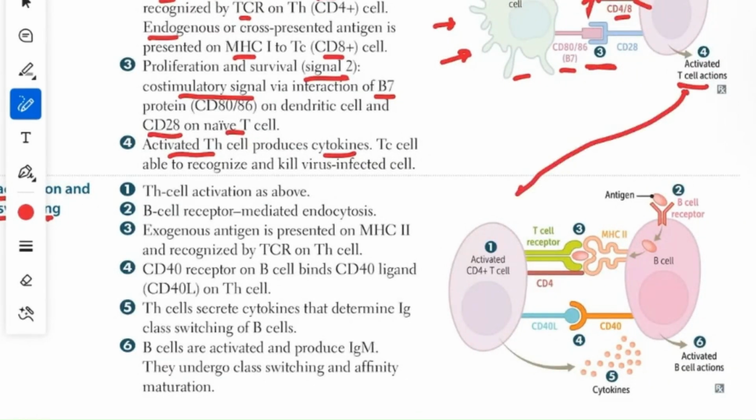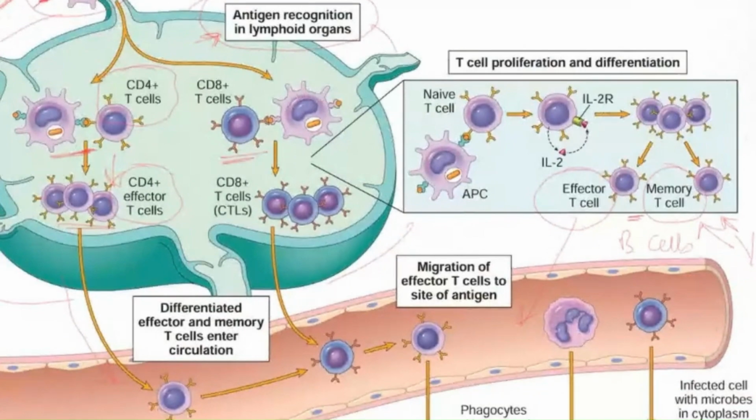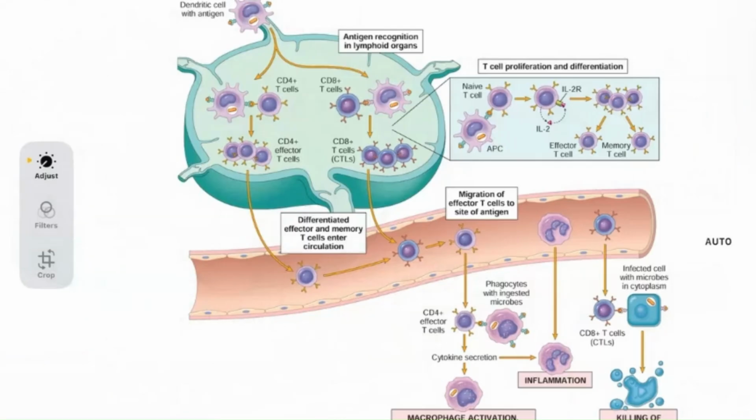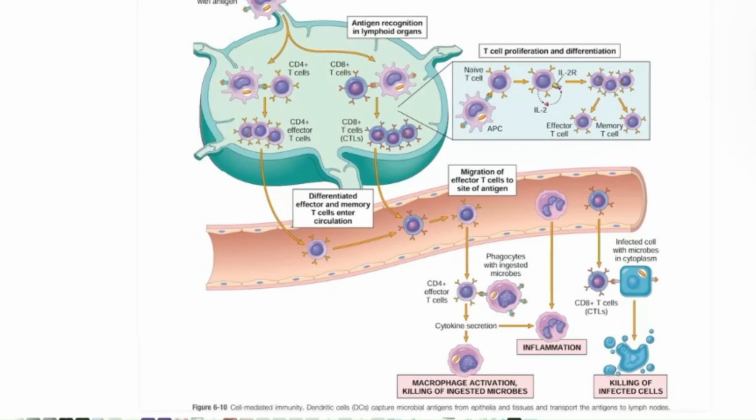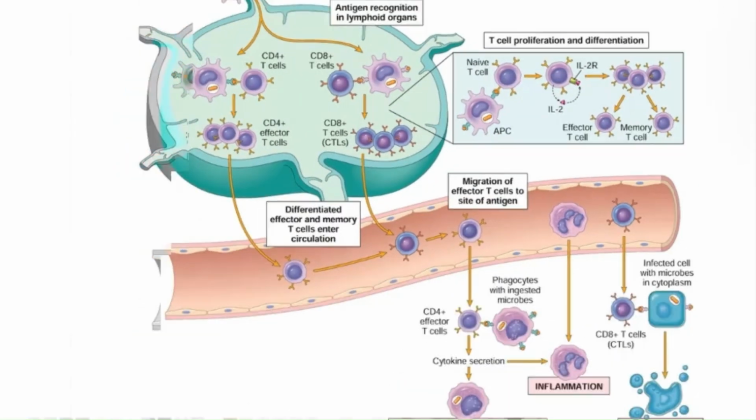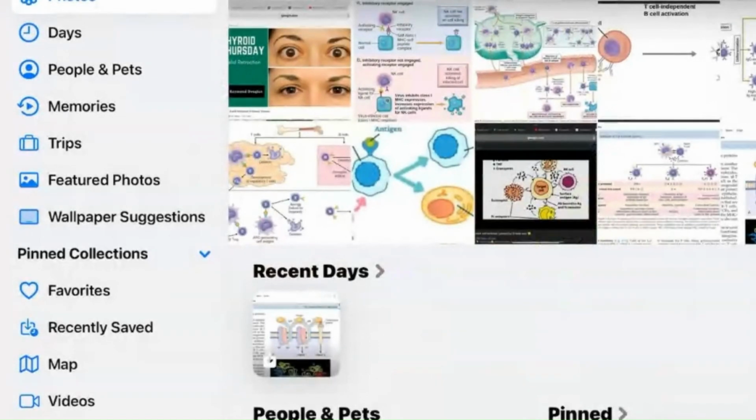So that T cell comes down here. The B cell will ingest its antigen. All right, so let me show you an image of that B cell surface receptor. All right, let's see. So the B cell surface receptor.